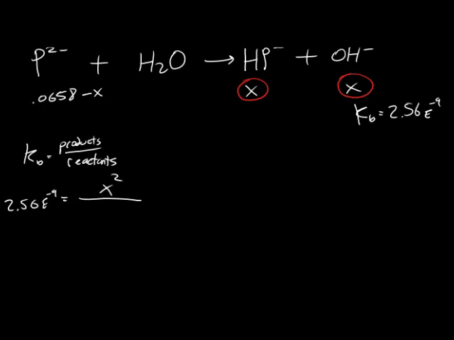The reactants are just P2-, and we'll have 0.0658 minus X. We don't have to write anything for water. However, because our K is very small, it is definitely less than 1 times 10 to the negative 4th, we can use the small x approximation.